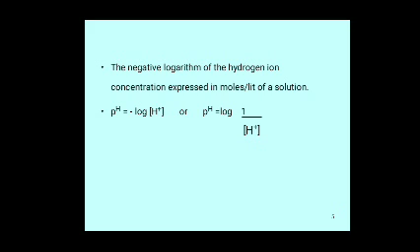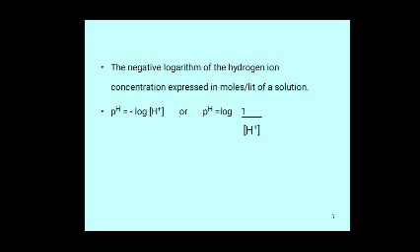The number of H plus ions present in unit volume of solution is called concentration. The negative logarithm of the value of the number of H plus ions is called pH. So pH is equal to minus log H plus ion concentration.